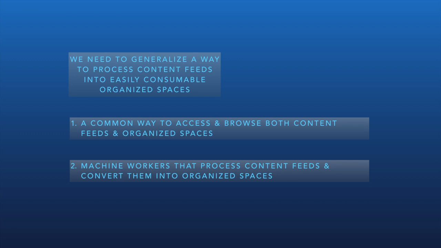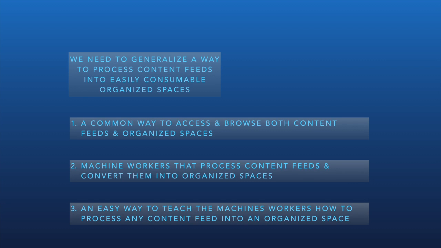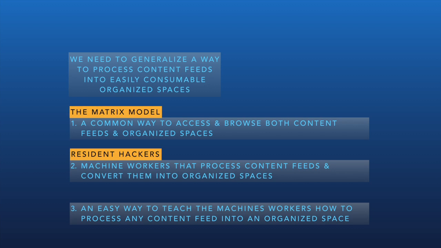Two are the machine workers or software that actually process the content feeds and convert them into organized spaces. And three, we need a way to capture that knowledge, a way to teach the machine workers how to process any content feed into an organized space. We call these ingredients the matrix model, resident hackers, and training course.